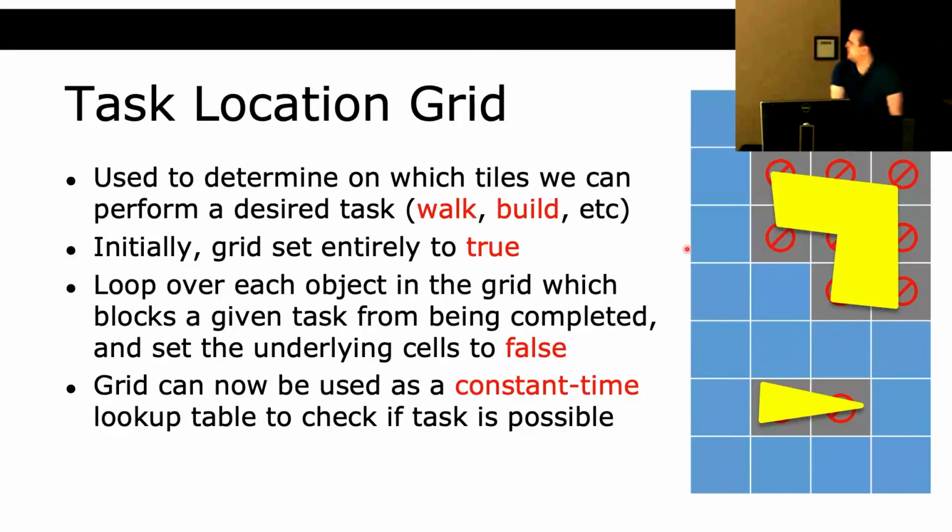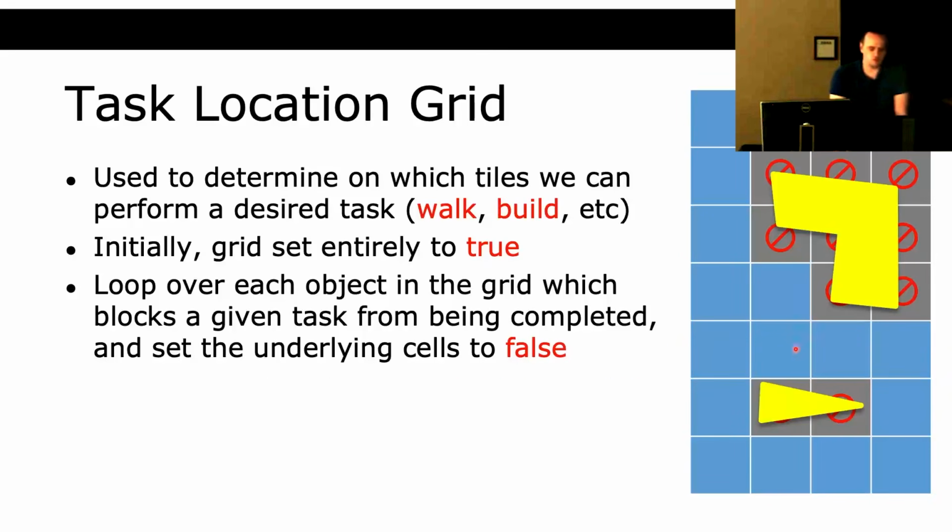So now, the reason why this is so good and why we would want to use a grid is this. Let's say we weren't using a grid and we wanted to tell, okay, my object is at this location, can I walk there or not? Well, what I would have to do in that case is loop over every single object that I have and possibly do some really complex math to say, does this point where I am lie inside of any of these arbitrarily shaped polygons?